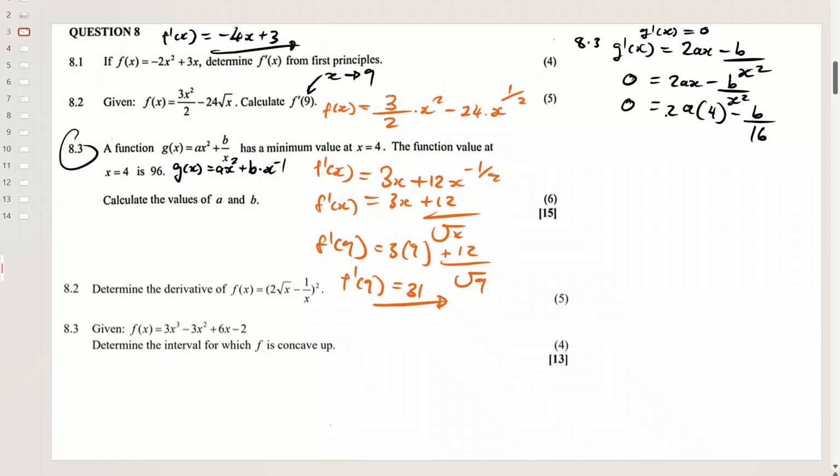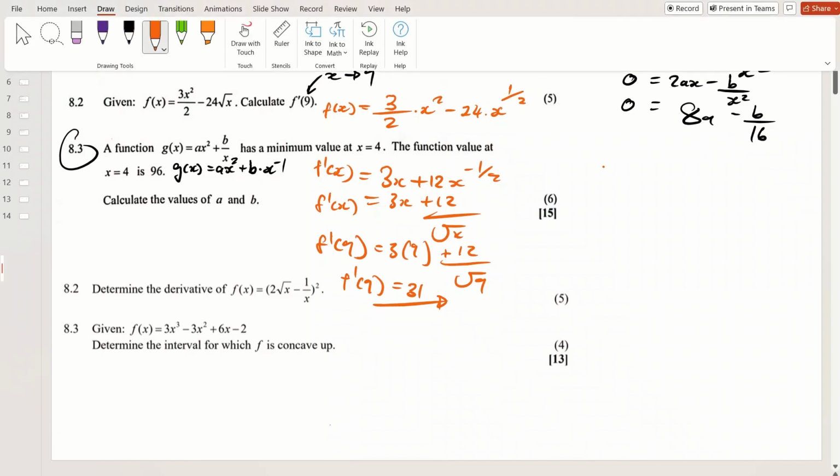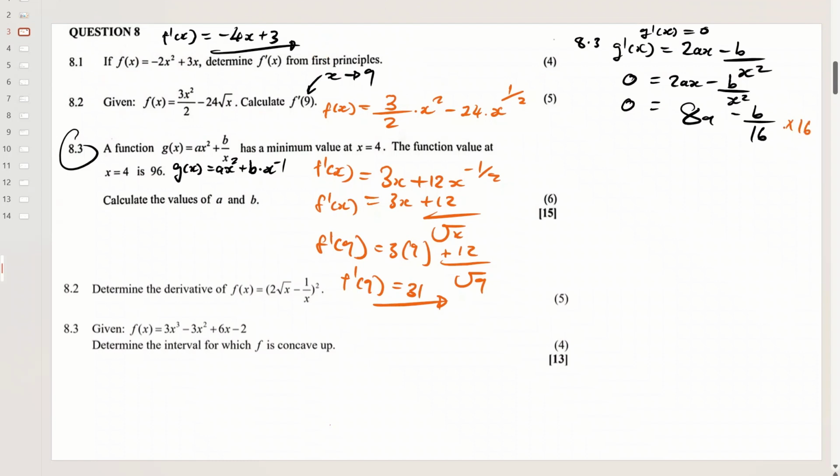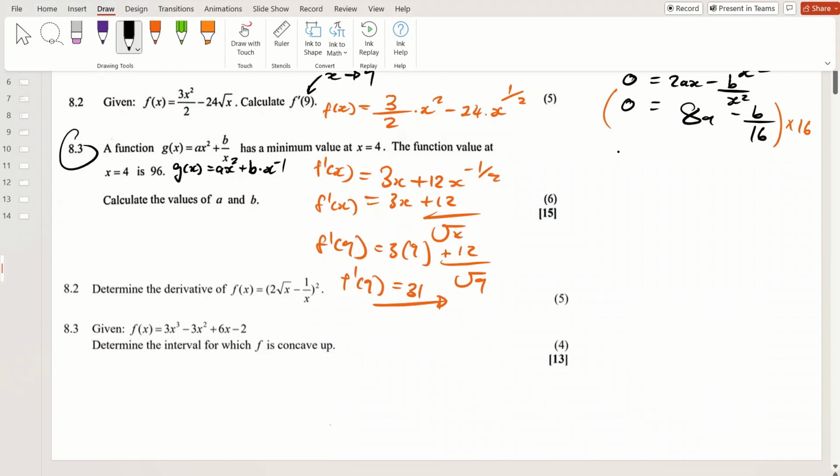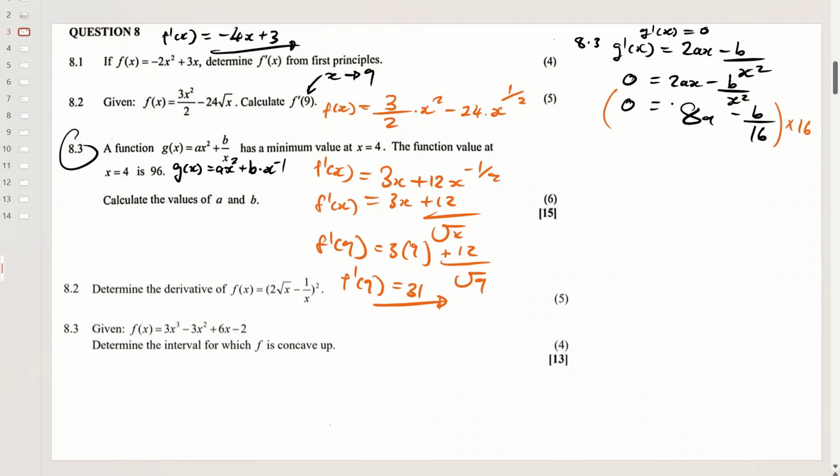And this turns out to be 8a. Remember you left 2 into a, and 4 times 2, that's 8a. So now let's make b the subject of the formula. You can simply multiply both sides by 16, you left the 0, and let's do that also by taking b to our left.